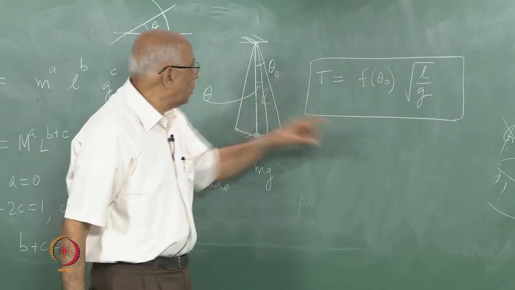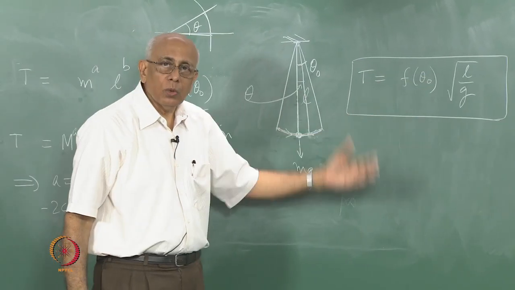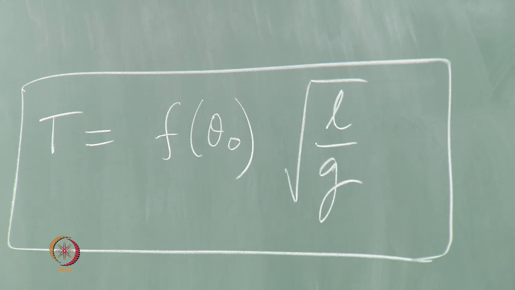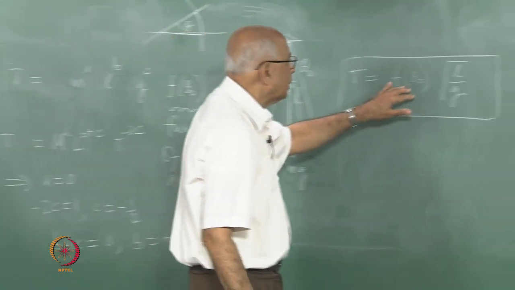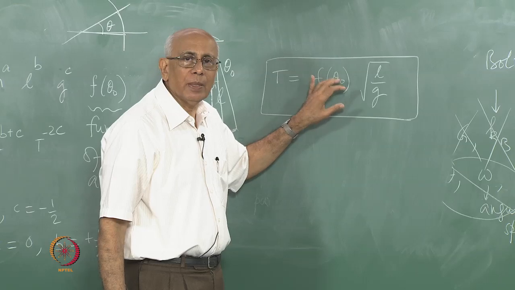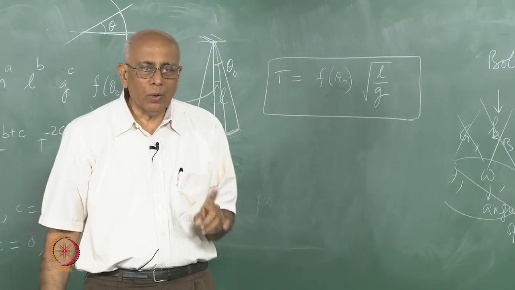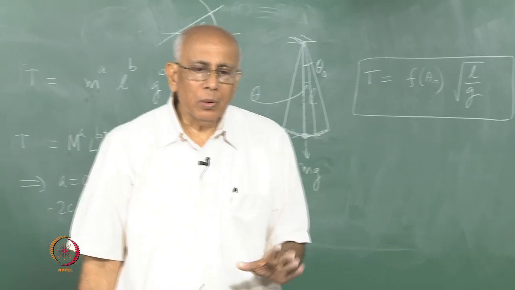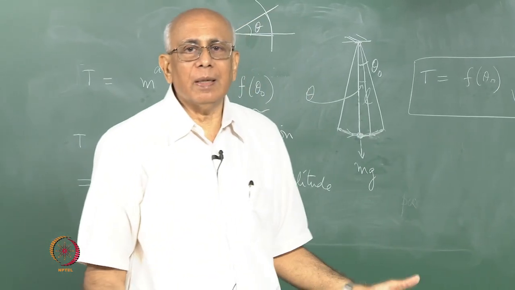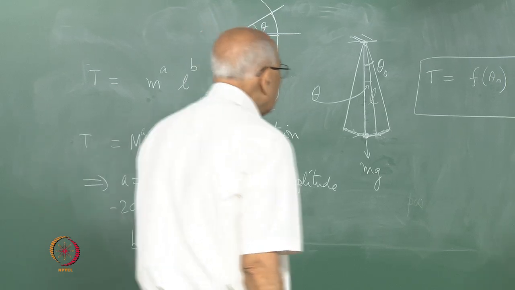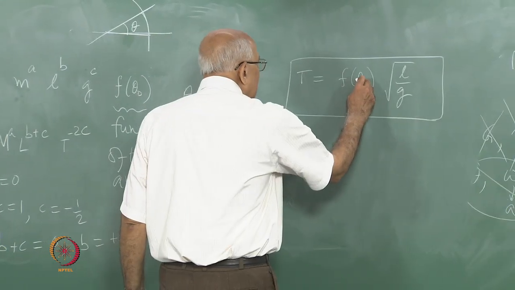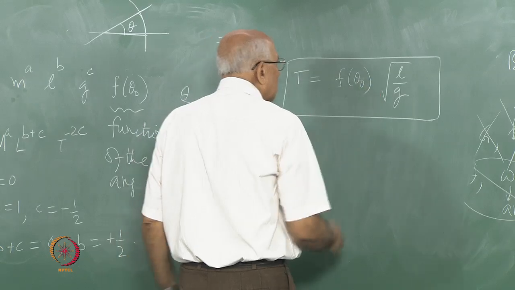It depends on the square root of this length, and it depends on 1 over the square root of the acceleration due to gravity, but it is multiplied by this unknown function of the angular amplitude, and we have no way of finding out what this function is from pure dimensional analysis because it is dimensionless. Okay. On the other hand, we can say a little bit about it, which I will, and you will see how we can proceed from this.